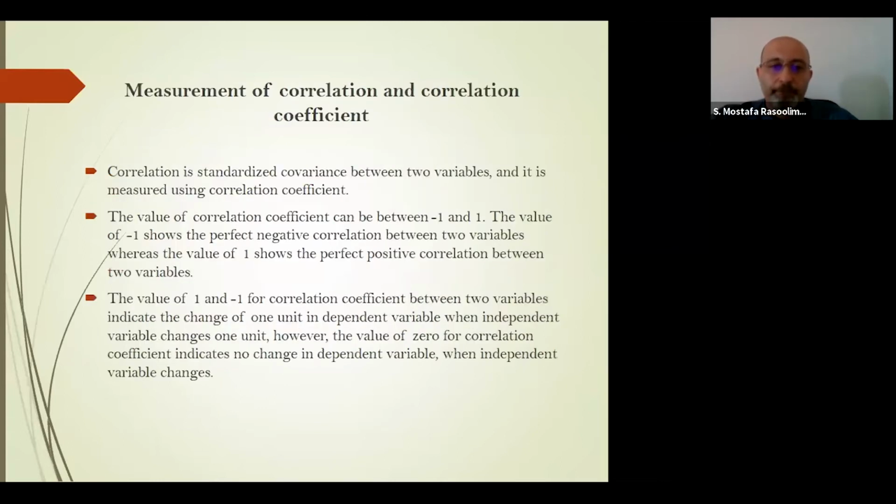Okay. The value of correlation is between 1 and -1. Correlation of 1 means two variables are exactly the same and very, very correlated. -1 means these two variables are exactly in different directions.